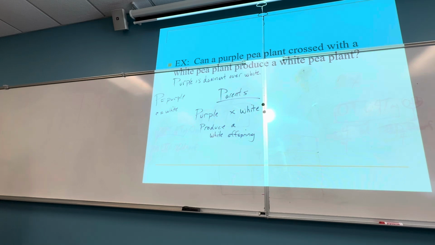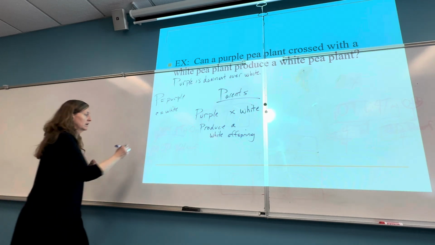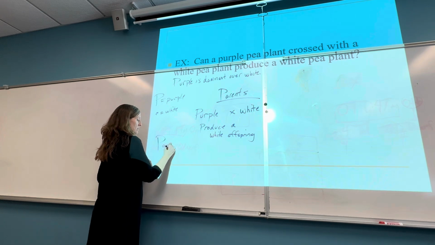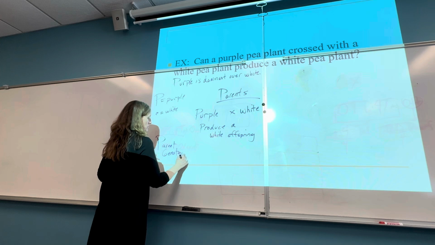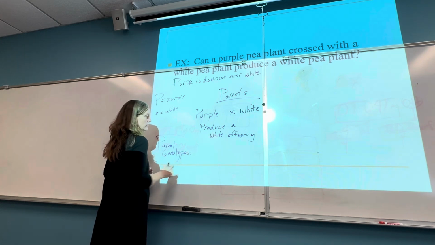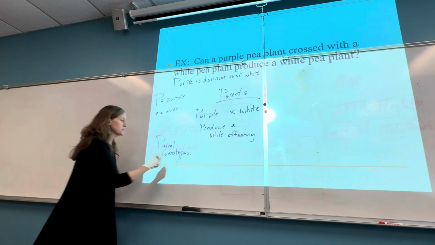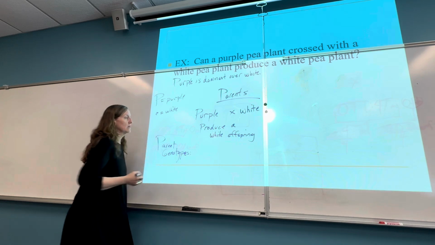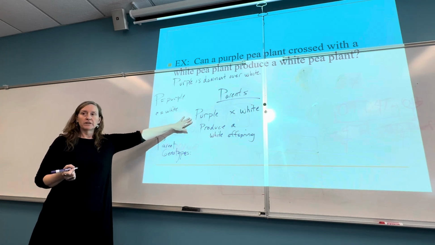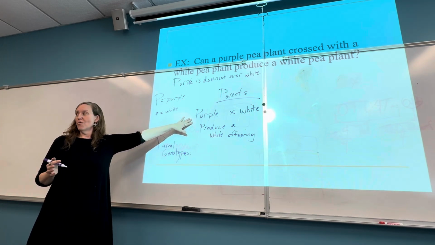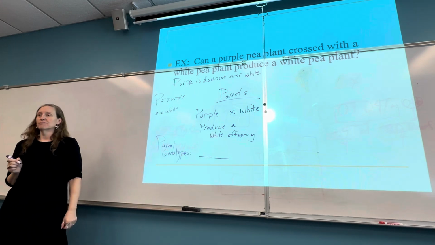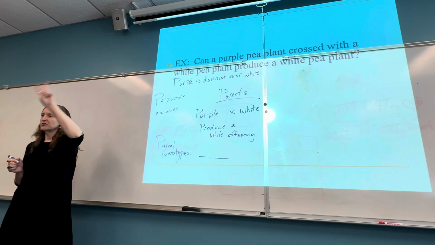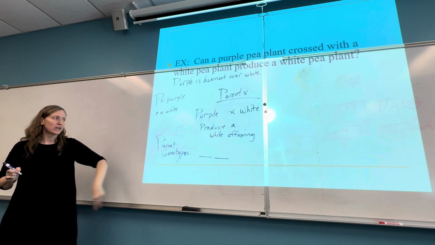All right, so at least I mapped out what's going on. Now I'm going to try to figure out their genotypes. So my parent genotypes. If an individual is purple, what do I know in terms of them having two alleles for the trait of purple? Because I know there's two alleles for every trait.